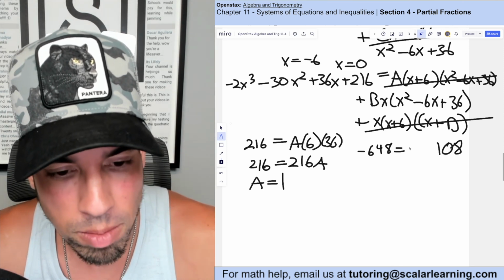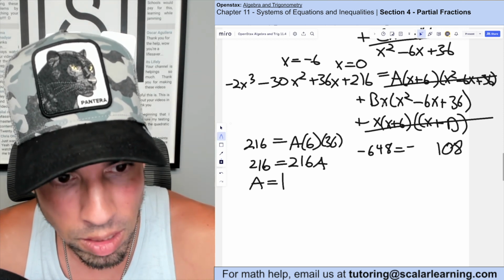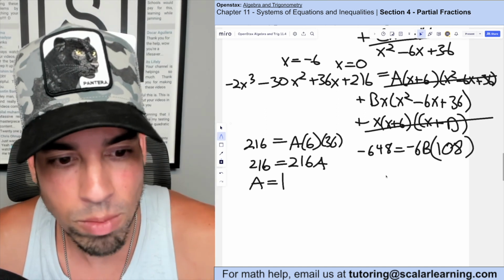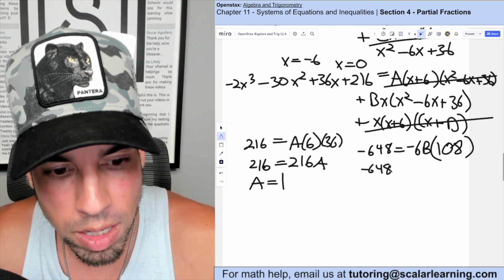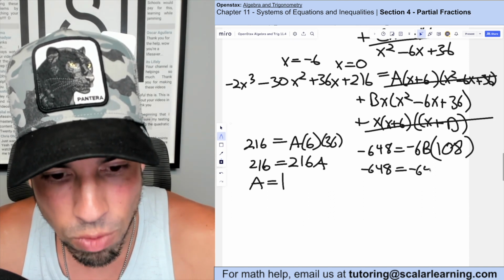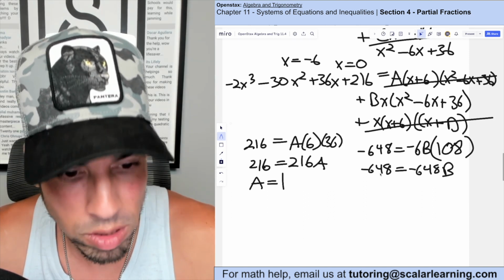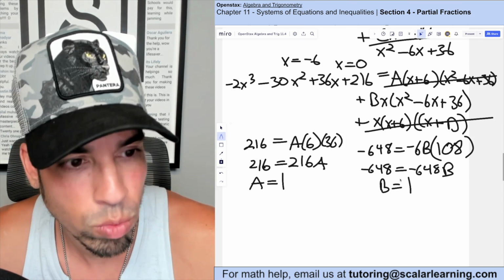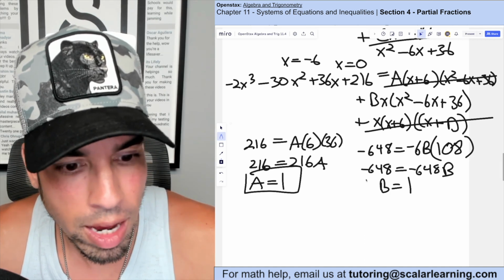And then it's times, right, we're plugging in -6 for x, -6b times this. So -6 times 108 happens to also be -648. So we got -648b equals -648, which means divide both sides by that, and we get b is equal to 1. Okay, so now we got A and we got B.